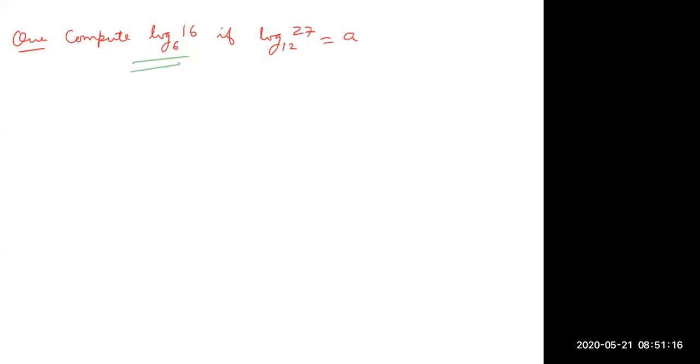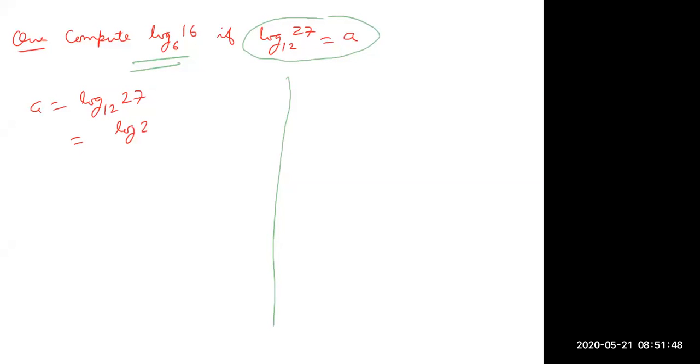So let us first simplify this expression. a is equal to log 27 to the base 12. See, the best method is to break into the smallest possible prime numbers. 27 is 3 cube. So you can write this as log 27 upon log 12.